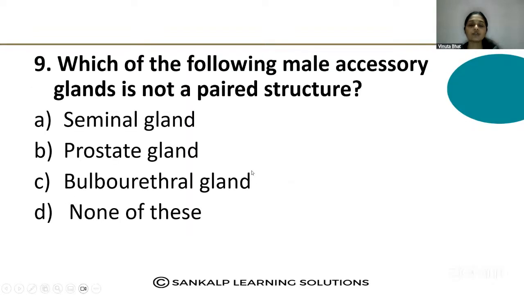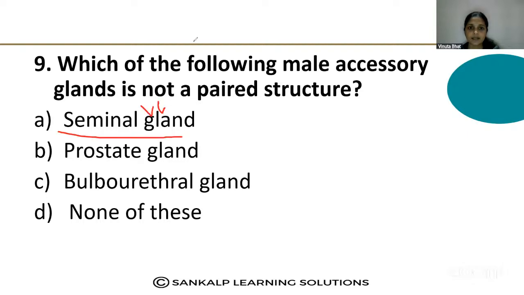Then, which of the following male accessory glands is not paired? Which is unpaired? Seminal vesicle is paired.